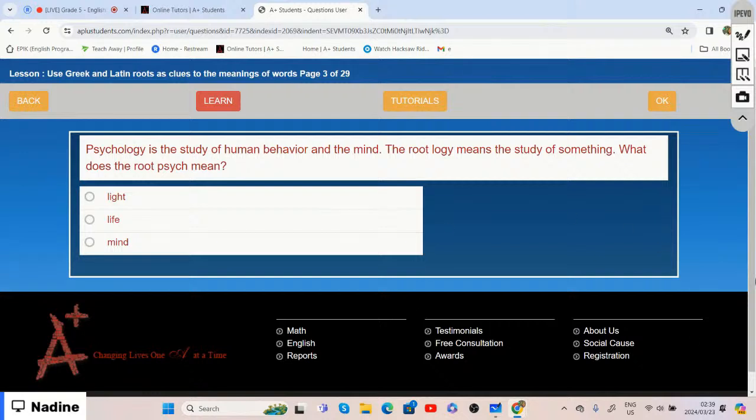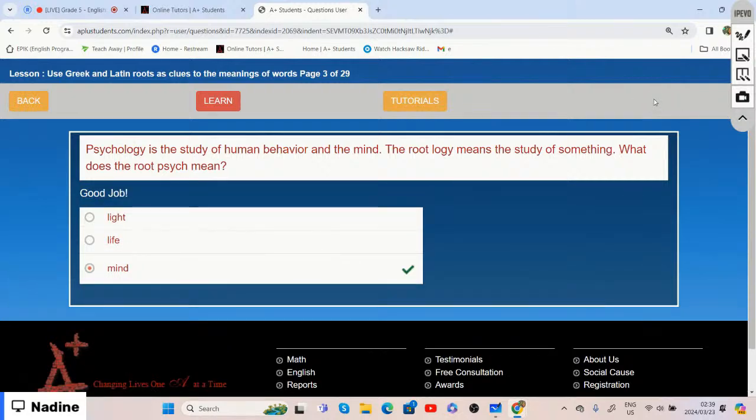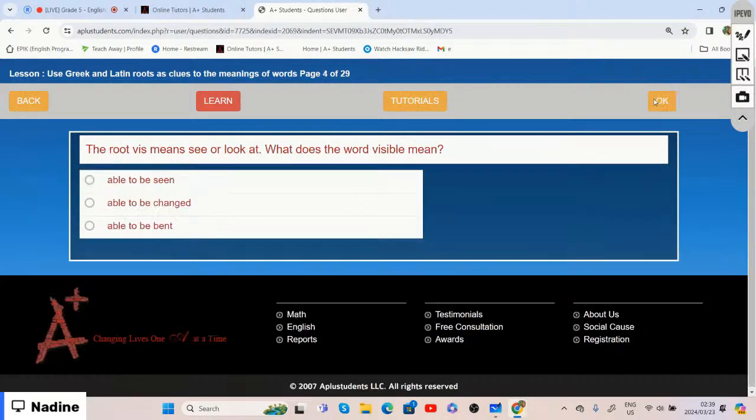All right. So the meaning of psych is mind because it says psychology is the study of the behavior as well as the mind. That is the truth. It basically says so in the sentence, right? That is why, if you look at the root word, the meaning is already given.